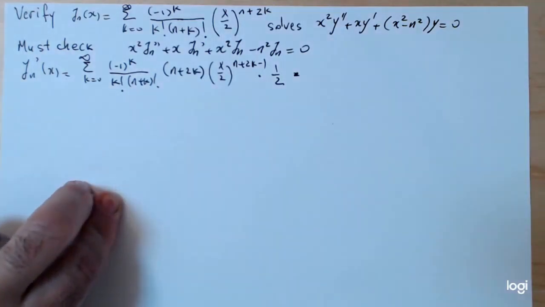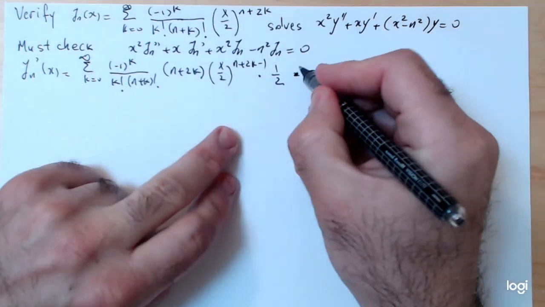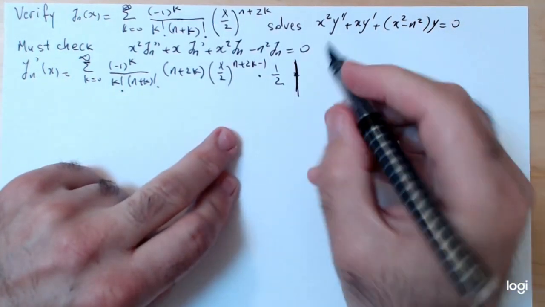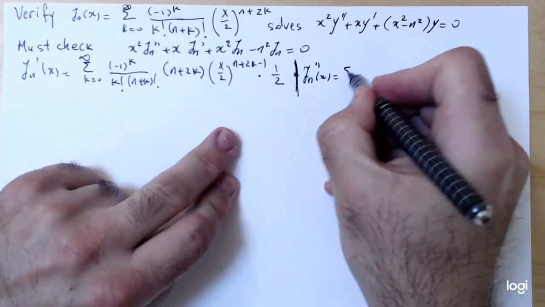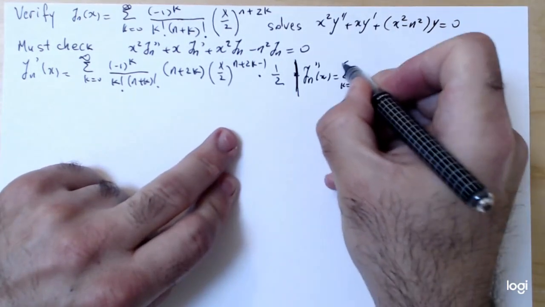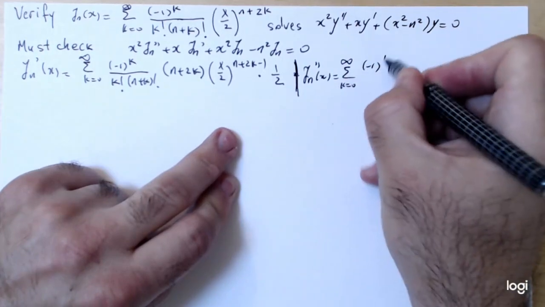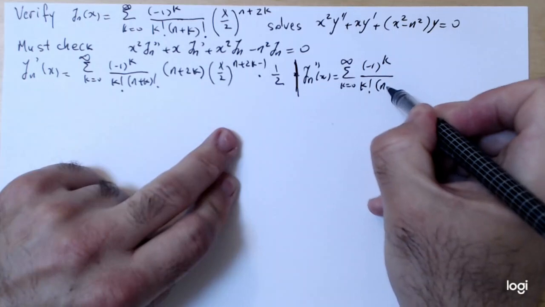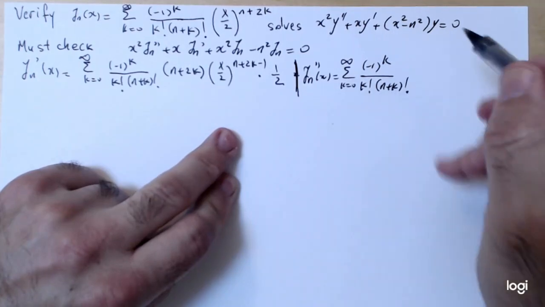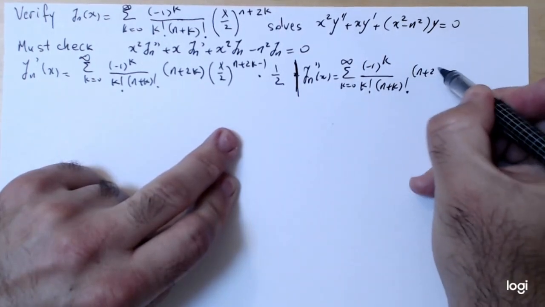Okay, so let's do the second derivative. And I think I'm going to do it on the same row here. So Jn double prime of x is summation from 0 to infinity. Again, a constant, minus 1 to the k over k factorial, n plus k factorial, n plus 2k.